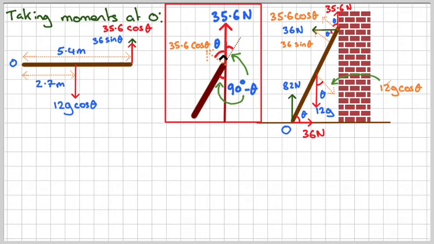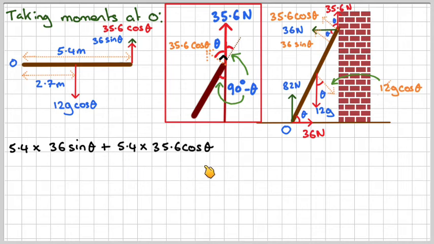Right, so taking moments, the anti-clockwise moments will be 5.4, so it's distance times force, times 36 sine theta, plus 5.4 times 35.6 cos theta, and then going clockwise we will have minus 2.7 times 12g cos theta, and as it's in equilibrium that's equal to 0.